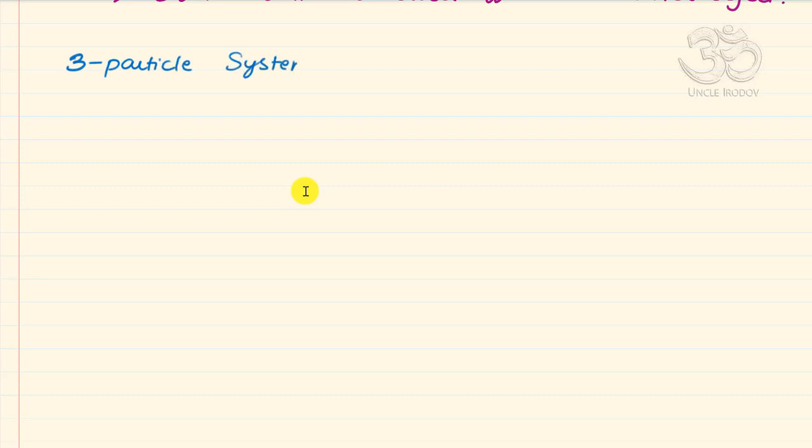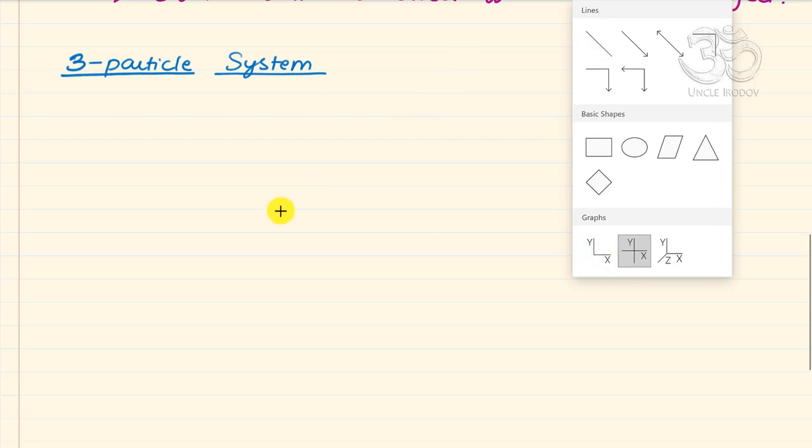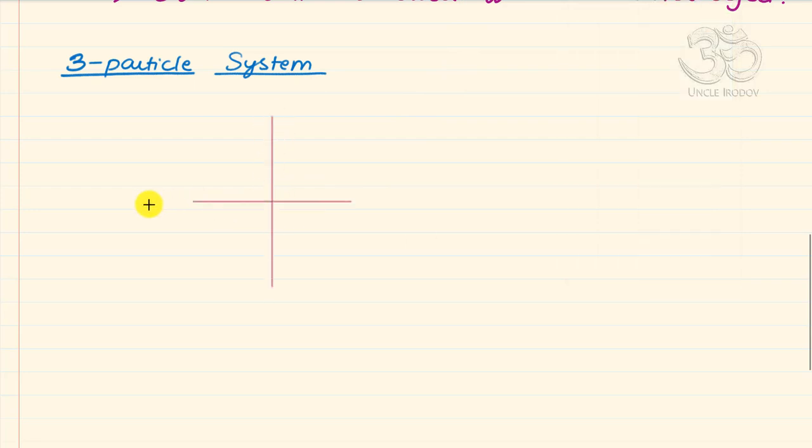The plane containing them is the xy plane, and the particles are located somewhere in that plane. So here is our xy plane, and the three particles are probably somewhere here.